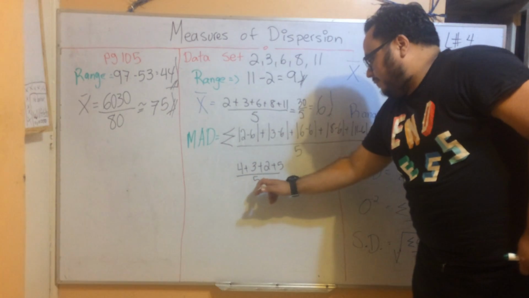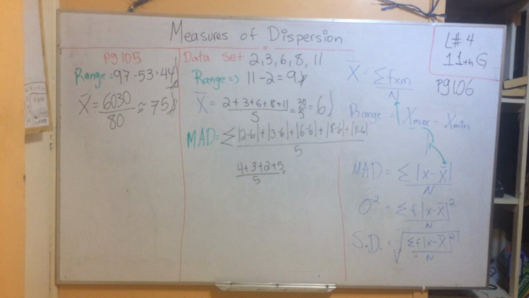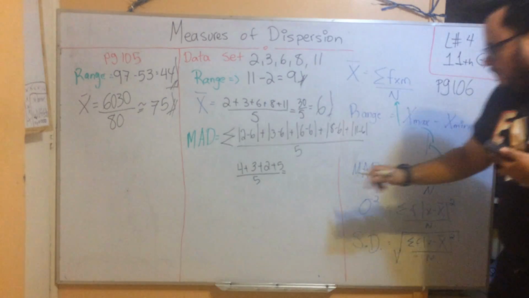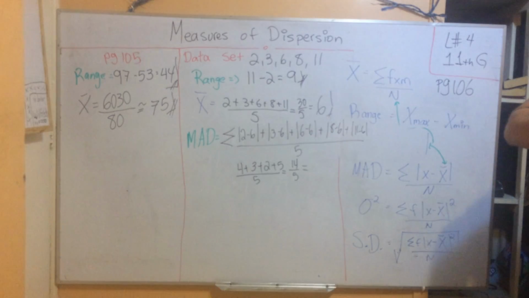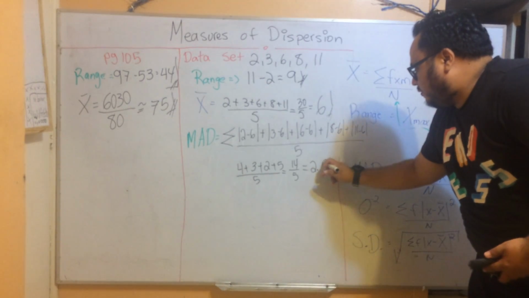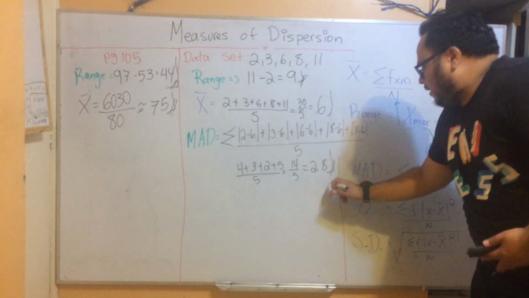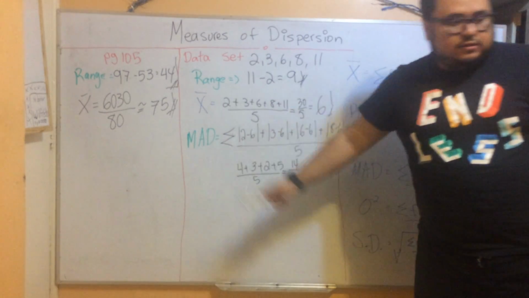All of this divided by 5. So just to be sure, we take our calculators, and 4 plus 3 plus 2 plus 5 equals 14. And 14 divided by 5, we have 2.8. And that's how we get the mean absolute deviation.